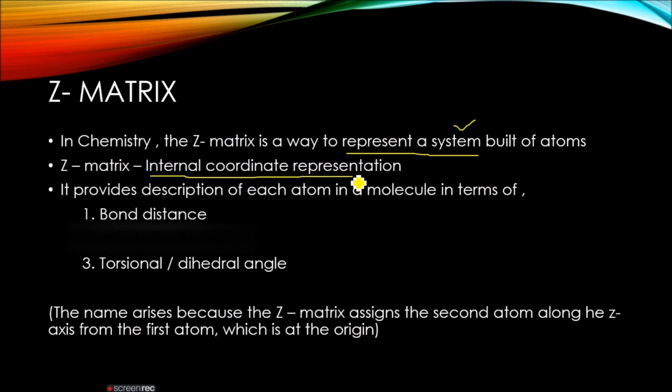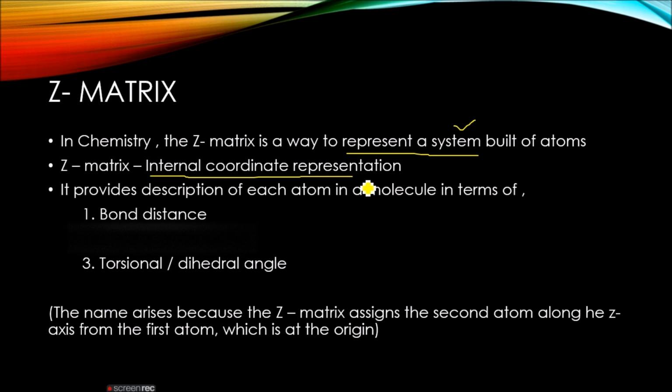The coordinates mean your X, Y and Z, the three coordinates, which are compiled to represent your molecule. Your molecule is a 3D molecule which has X, Y and Z axes, so all this information is obtained in the Z matrix from the internal coordinates of your molecule. So we call it like that.